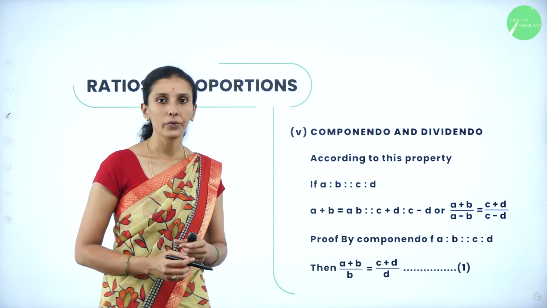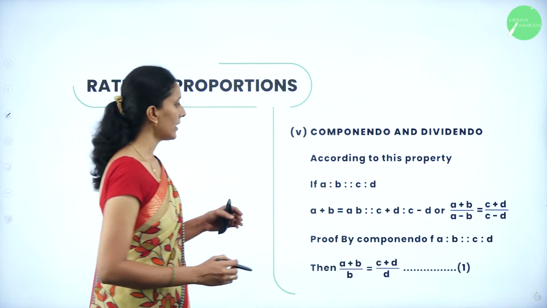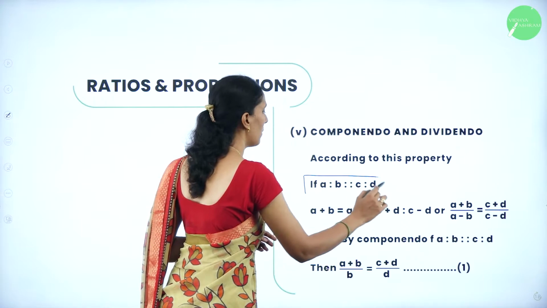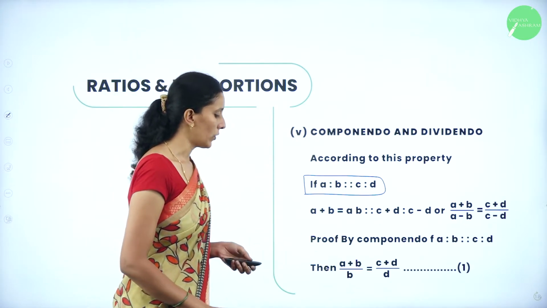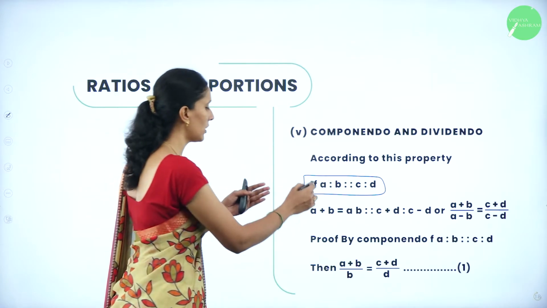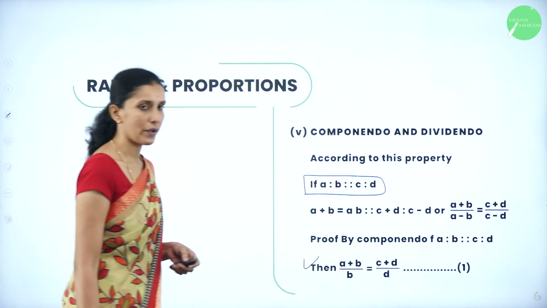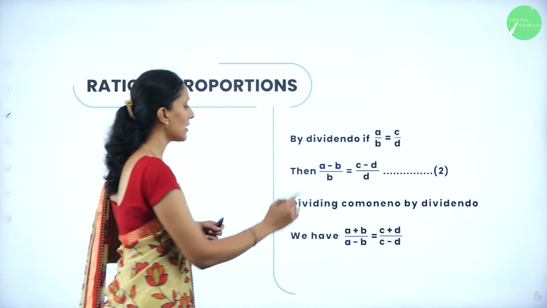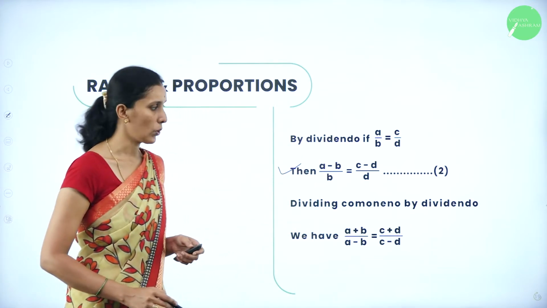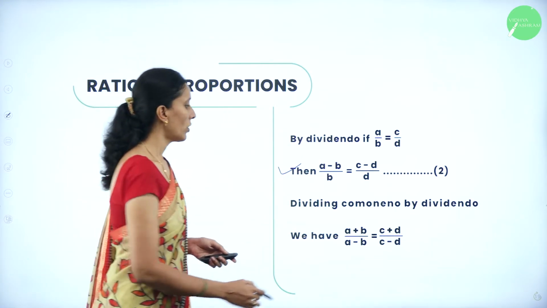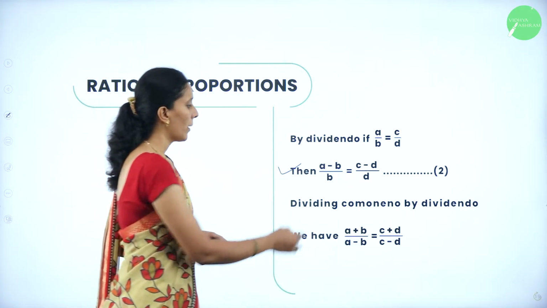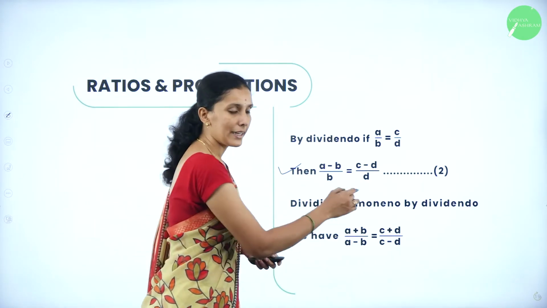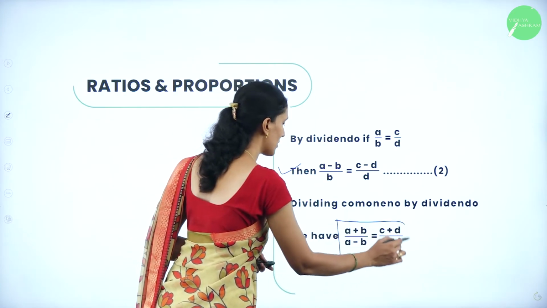Next we have componendo and dividendo. This is the proportion you have been given. So taking componendo, that is, after adding 1 to the given ratio, we will get this equation. And similarly, after subtracting 1, we will get this equation, that is equation 2. So dividing equation 1 by equation 2, the denominators B and D get cancelled. We will get this one.